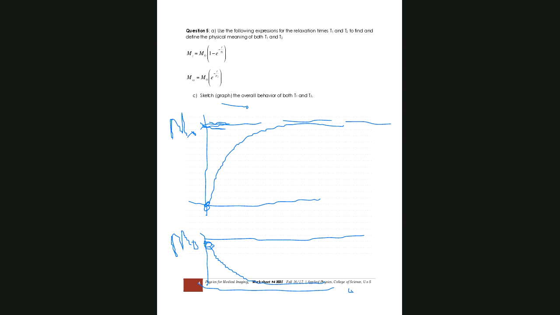In both cases, you have to show where the 63% is, or where the 37% is. Make sure, because either you will see these questions in the quiz on Monday, or in the final on January 7th.